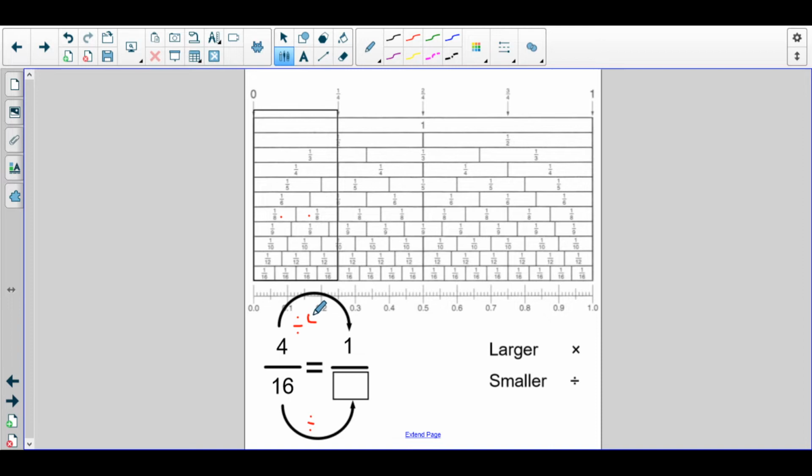So 4 divided by 4 is 1. So 16 divided by 4 is 4. And we can also see up here that this 1/4 right here fits the bill for being equivalent.